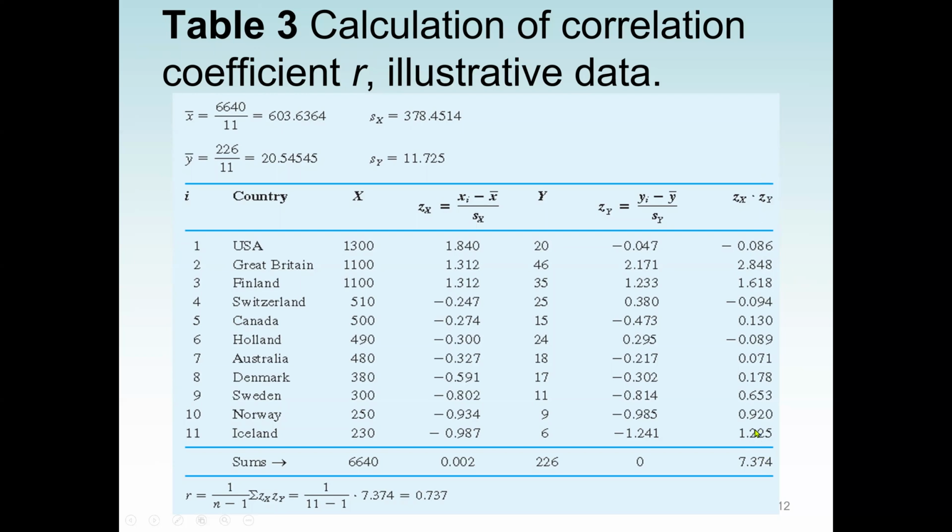Then we add all together. So when we add together, we get 7.374. Now, when we get 7.374, that will be our sum of ZX times ZY. We plug it here, and we have 1 over 11 minus 1. So when we finish our calculation, we get 0.737.